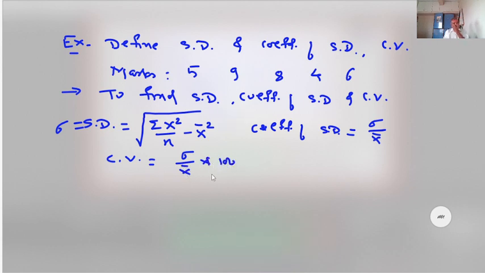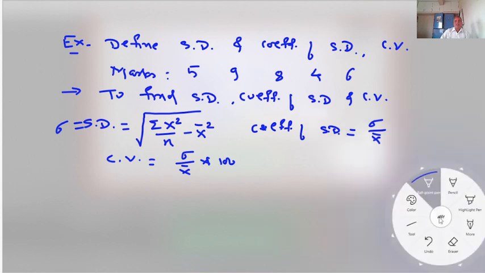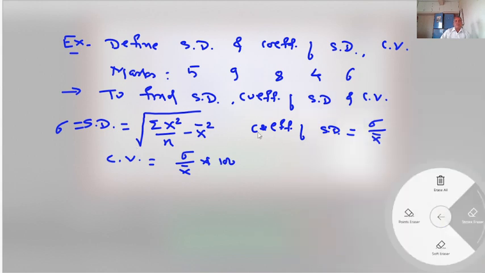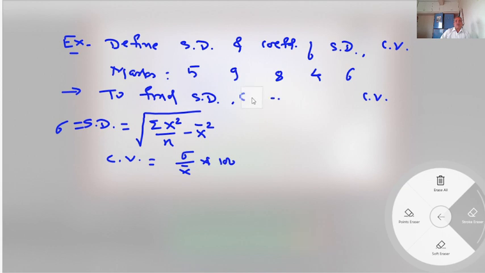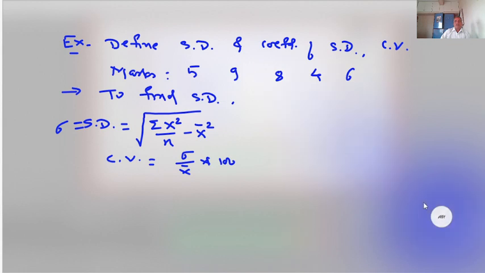To compute this standard deviation and mean, first we prepare an observation table for the given data. In the observation table we prepare a column of x, the given data, that is the marks denoted by x, and the next column is x square, because here we want the summation of x square.